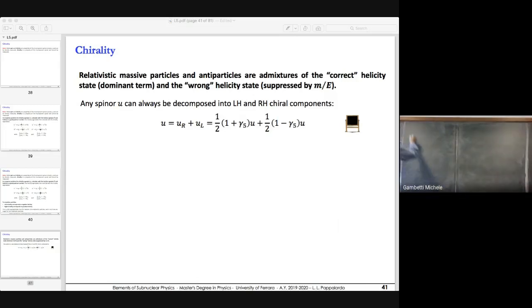Last time we found that we can define a vector current J as the adjoint spinor, gamma mu, and the spinor.